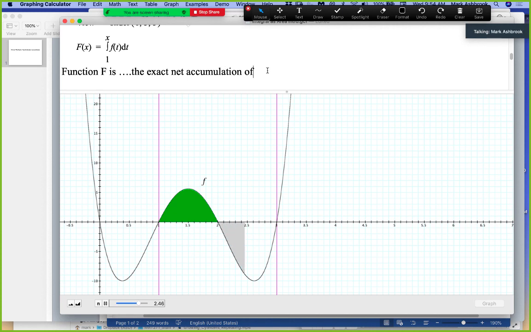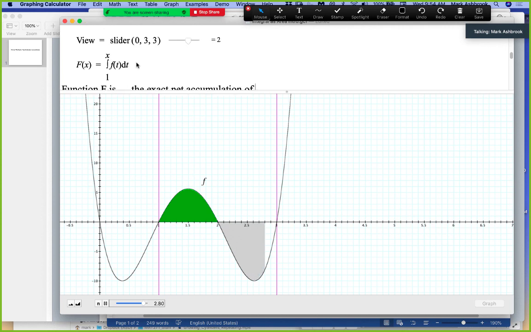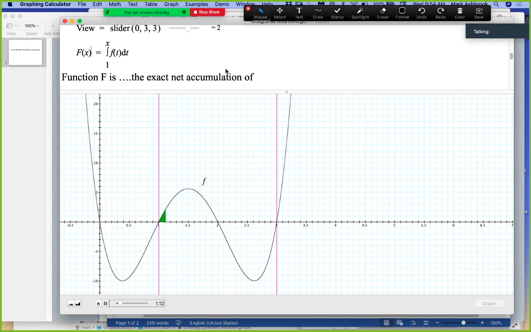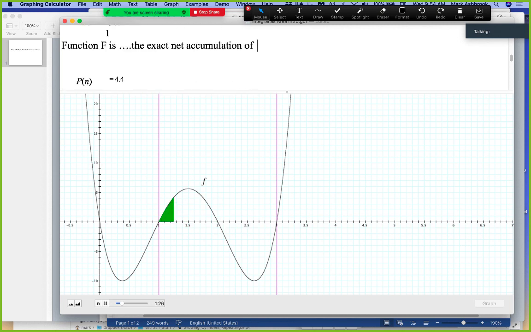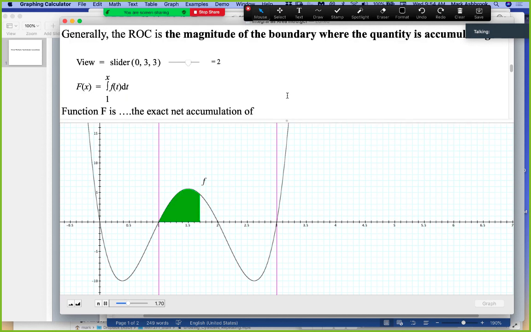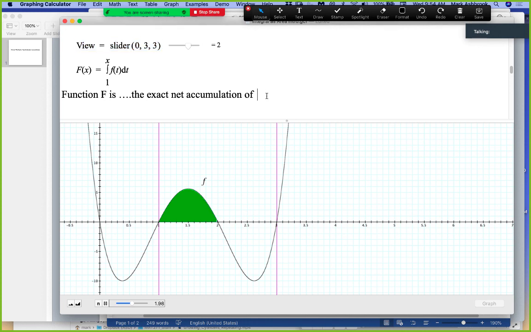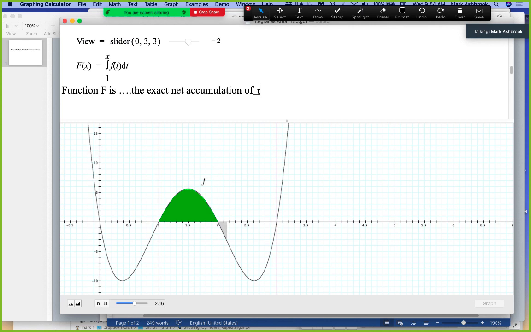Okay, so it's the exact net accumulation of, so this is our area function, right?